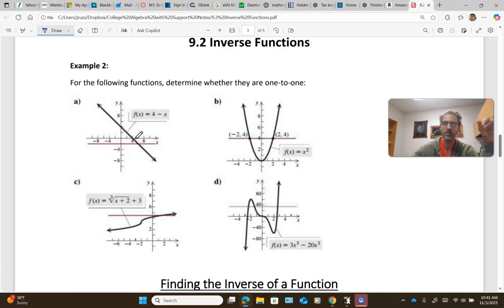Okay, and so that means the inverse of this function f, whatever it is, will also be a function. Okay, and so this is one-to-one. Okay, f is a one-to-one function. Lots of times you'll see people express it like this. Okay, one-to-one.